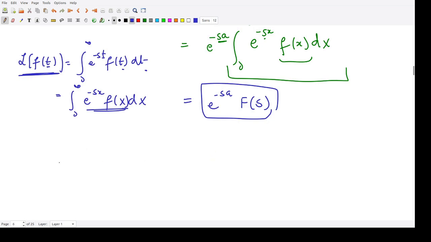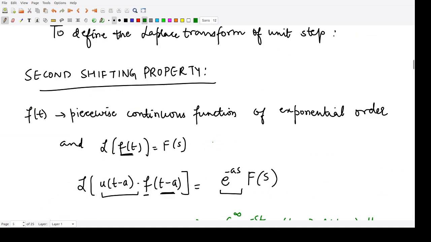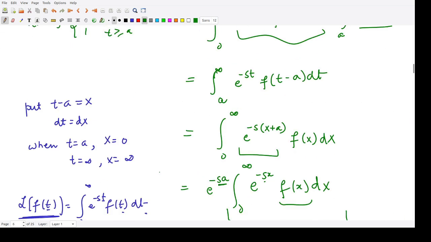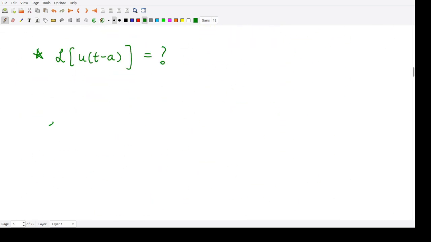So in particular, suppose we wanted to calculate the Laplace transform of u(t minus a). Here, if you compare this with the given shifting property, your f(t minus a) is equal to 1.